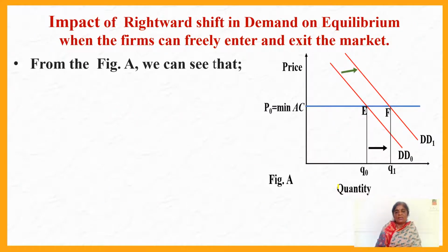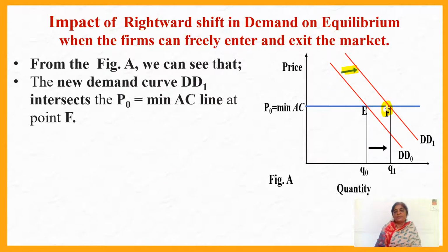And you can notice now after the rightward shift, the new equilibrium is F. At the new equilibrium F, in the same diagram I brought here to explain further, the new demand DD1 intersects the P0 minimum AC line at point F. That's what we say, it is a new equilibrium point.